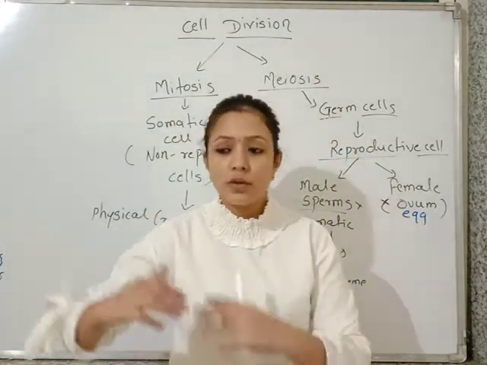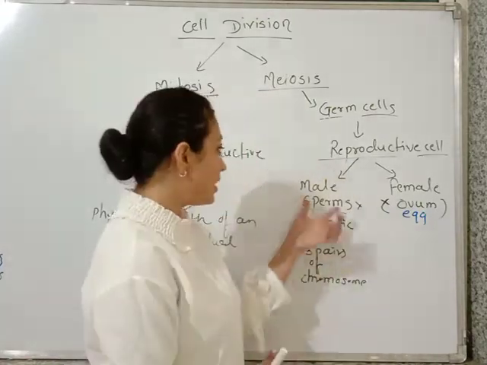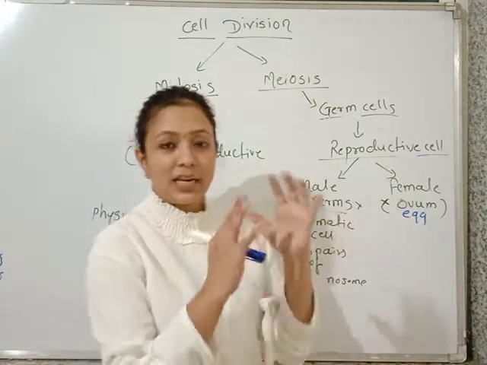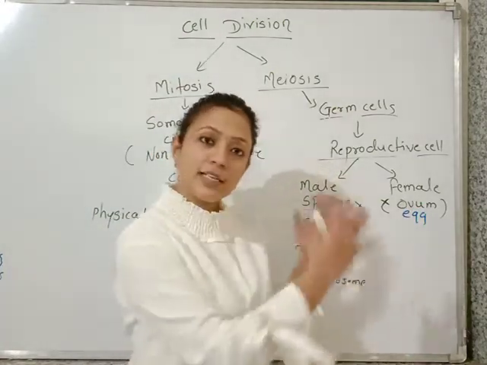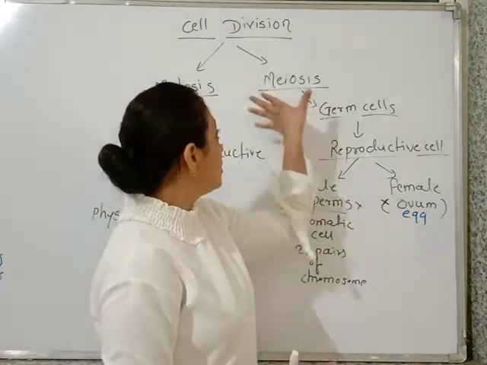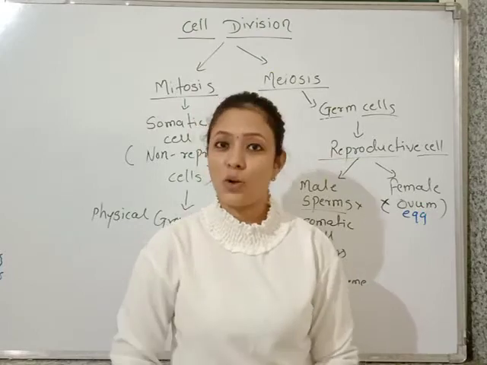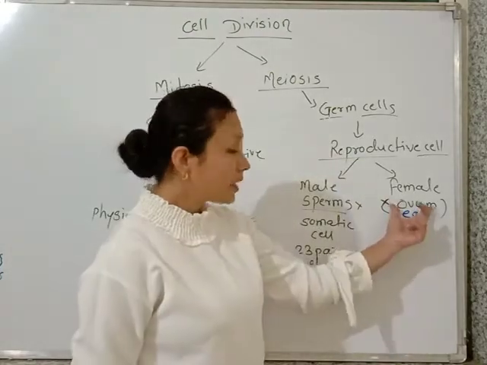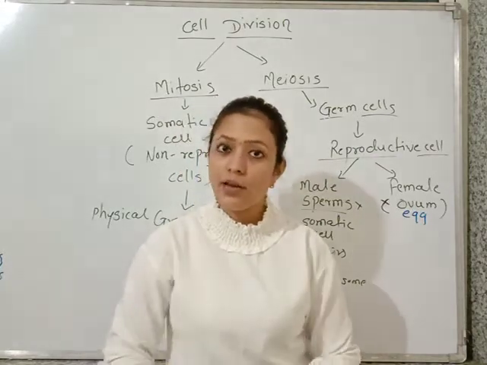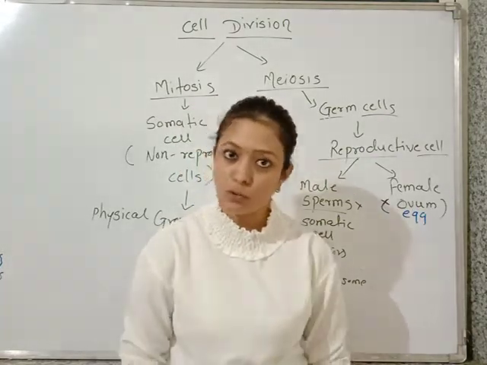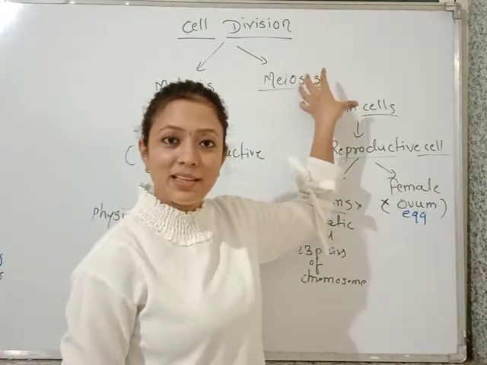When male organisms produce their reproductive cells, that is the sperms, that process is called spermatogenesis. So which pathway is followed for this process to happen? That is meiosis. While the female body produces the ovum, that is the egg, and this egg also has half the number of chromosomes, and this can be achieved only by meiosis.